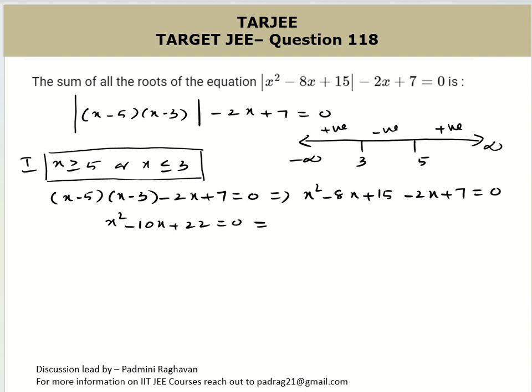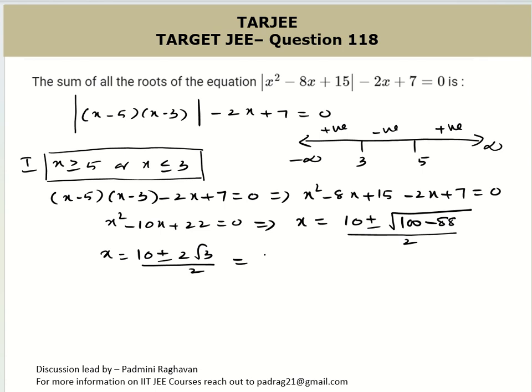I don't think we can factorize this, so we'll go for the formula. x = (−b ± √(b² − 4ac))/2, which is (10 ± √(100 − 88))/2. So I get x = (10 ± √12)/2, where √12 is 2√3, which is 5 ± √3.